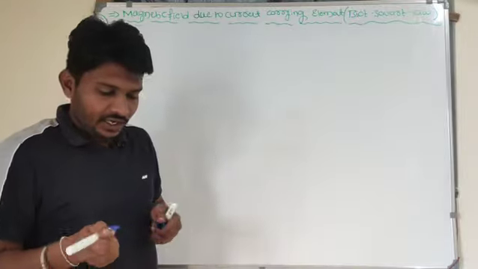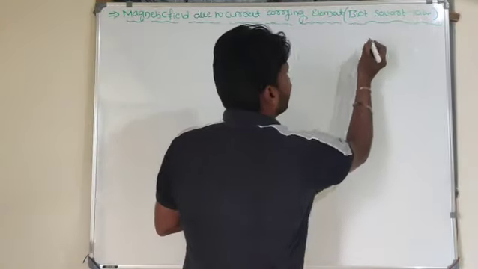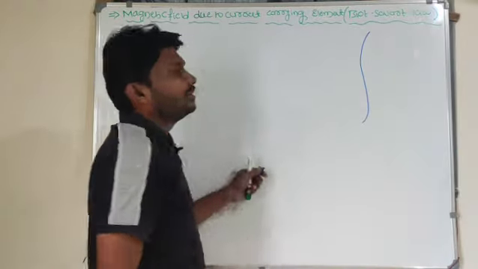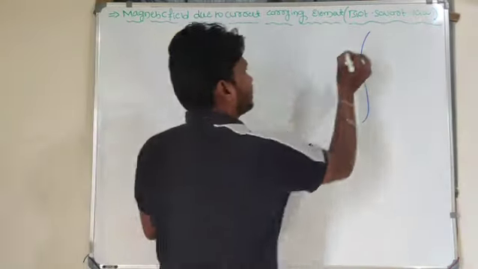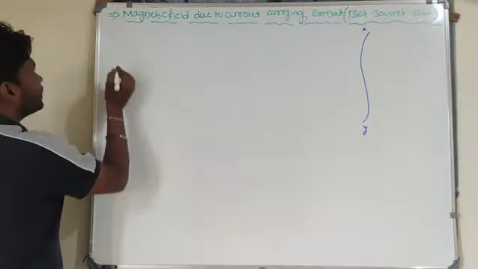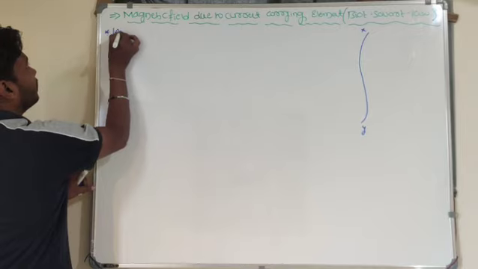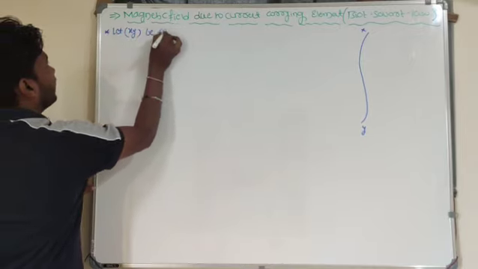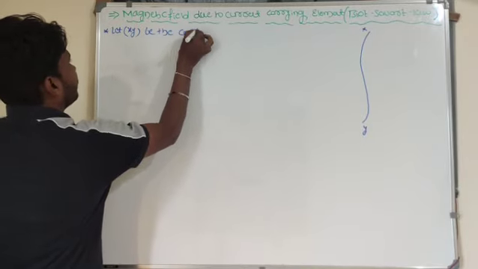In order to get that relation, first let me take one conducting wire. For example, let XY be the conducting wire.